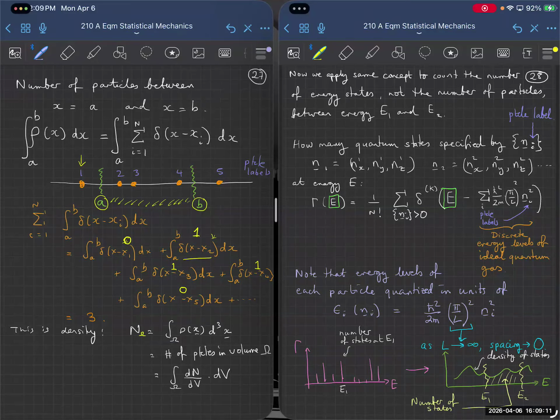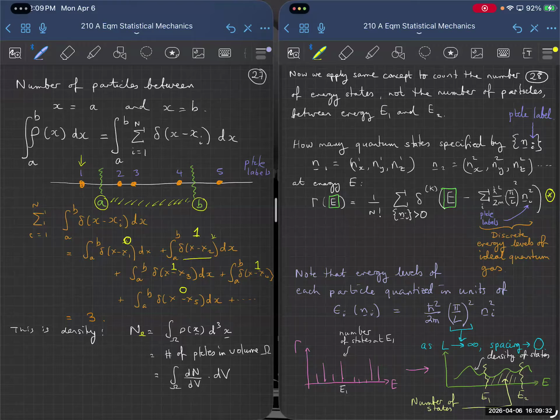And so there's a quantum state for each particle. When we count the energy levels exactly at the energy E, we would end up with this formula over here, which is a Kronecker delta, which simply says: sum up the energy levels of the ideal gas, h bar squared over 2m, pi over L squared, n squared.